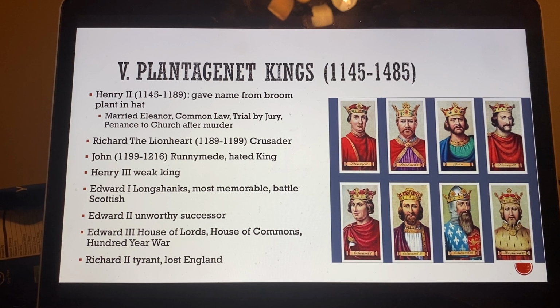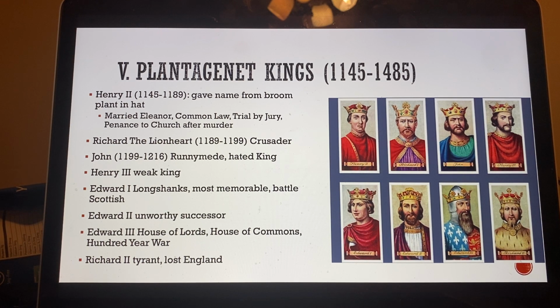He was Eleanor's baby, and he was a very weak king, and he was the one that was going to surrender all of England to the Pope, which didn't work because he met with the Magna Carta at Runnymede with the nobles. It said, you cannot do this. It's against the law. His son Henry III was a weak king, and then came Edward Longshanks, most memorable king, and also the king that battled with the Scottish.